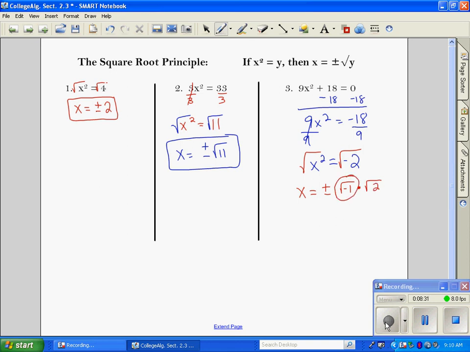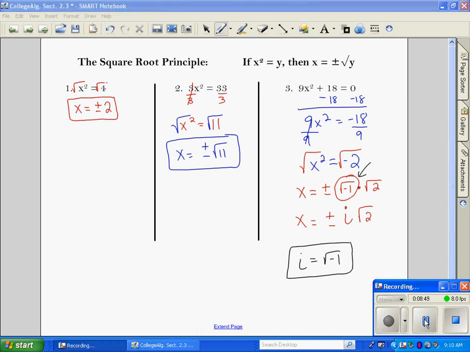This component is i, so that becomes i square root of 2. x equals plus or minus, and that's recalling that we know i is equal to the square root of negative 1. That is a known fact, so we made that substitution in that place right there.